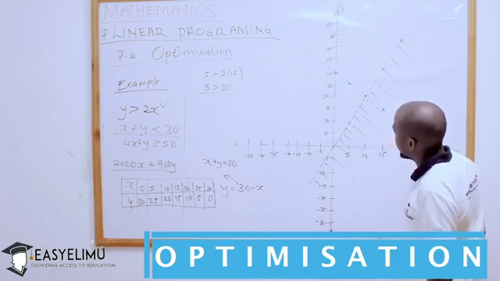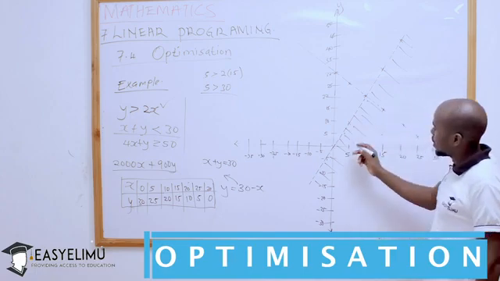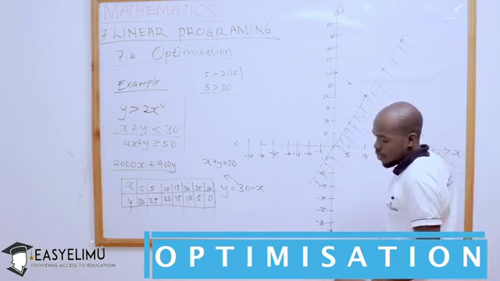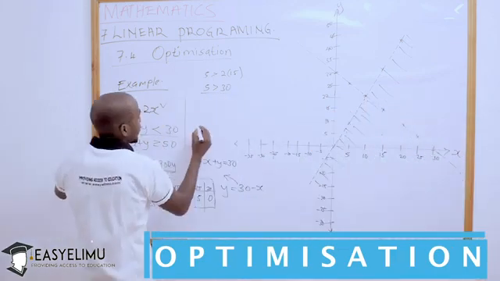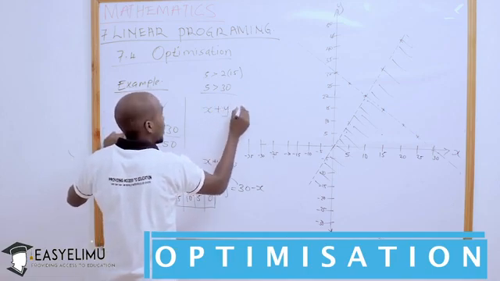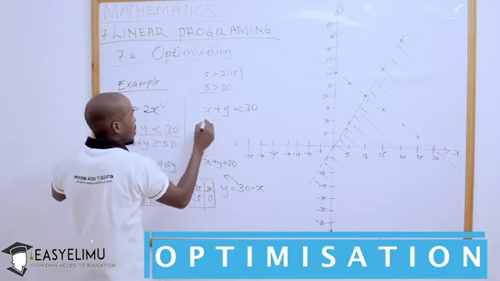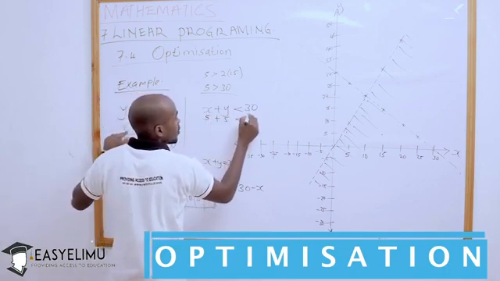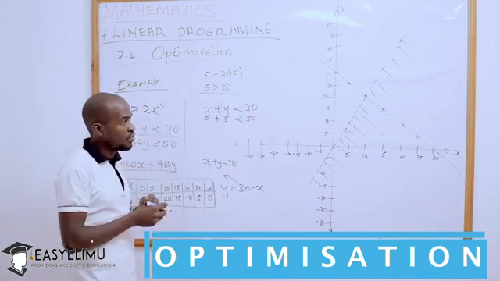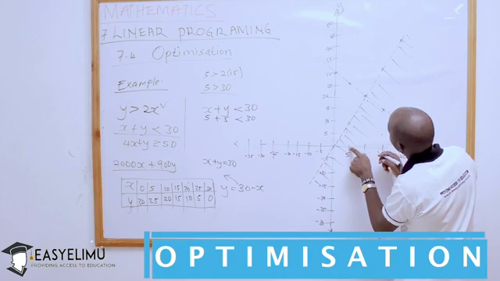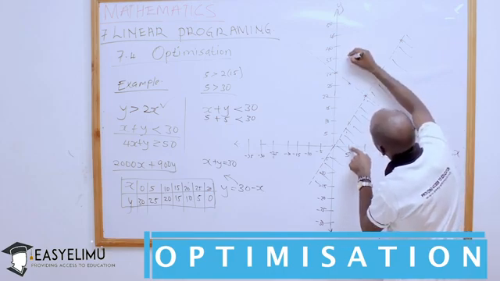If we take x plus y, we should get less than 30. Since we have selected 5 and 5, we get 10, which is less than 30. Actually, it's true.